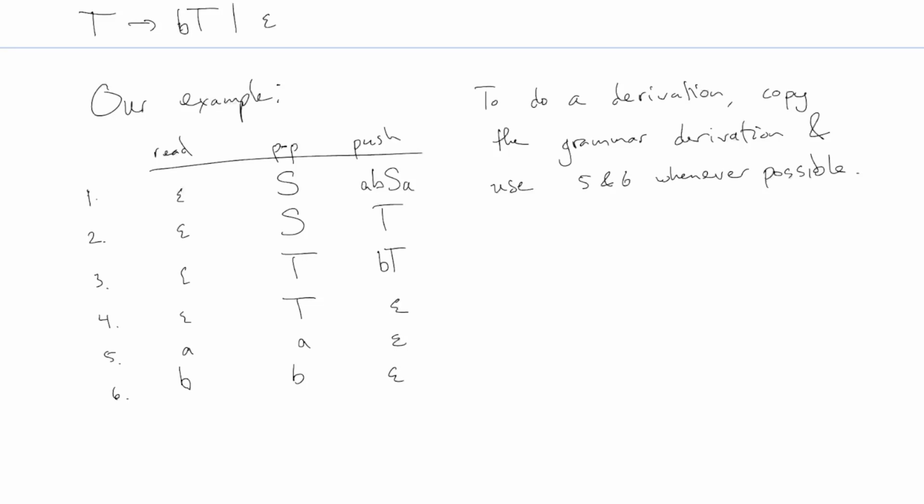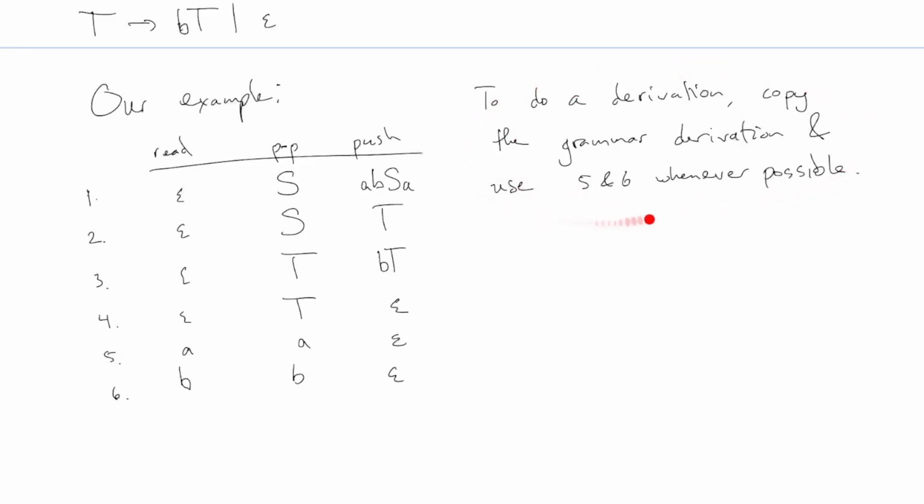Copy the same steps of the grammar derivation, but then use rules 5 and 6 whenever possible. See, when you're actually doing a derivation on this stack machine, it is basically never obvious which step you're supposed to do because they're all epsilon steps. And so it is up to you every time to decide which of these grammar steps you're going to do.